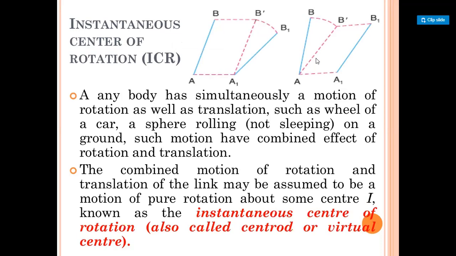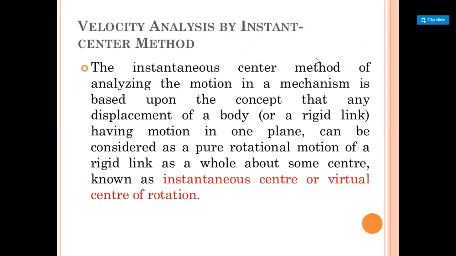Such motion has the combined effect of rotation and translation. The combined motion of rotation and translation of a link may be assumed to be a motion of pure rotation about some center I, known as the instantaneous center of rotation, also called the virtual center.